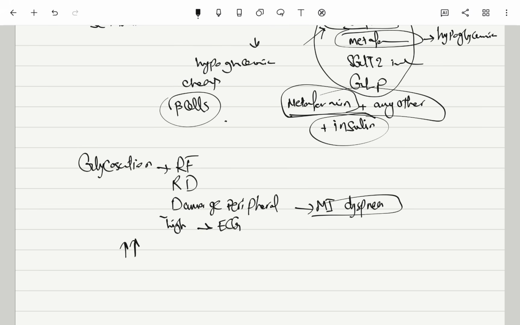So there is no chest pain, but there is increased blood glucose level, so I should do an ECG to exclude silent MI.